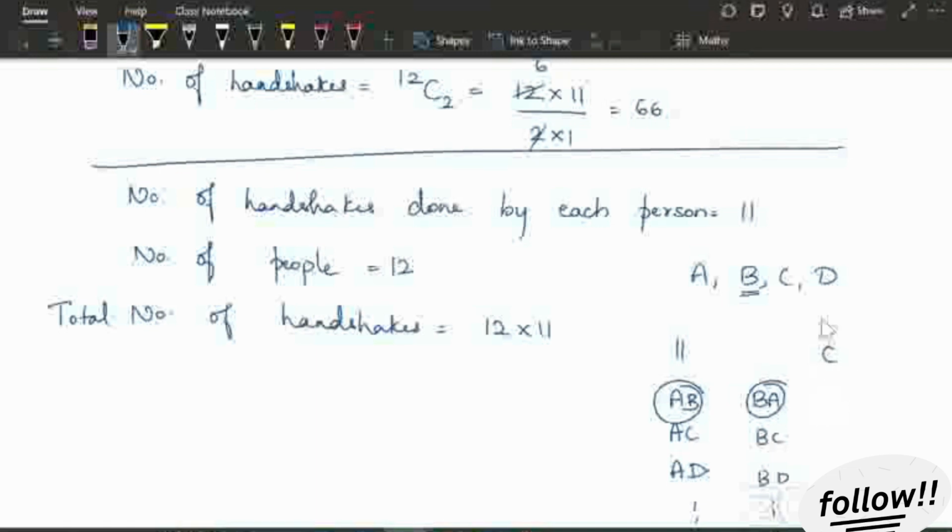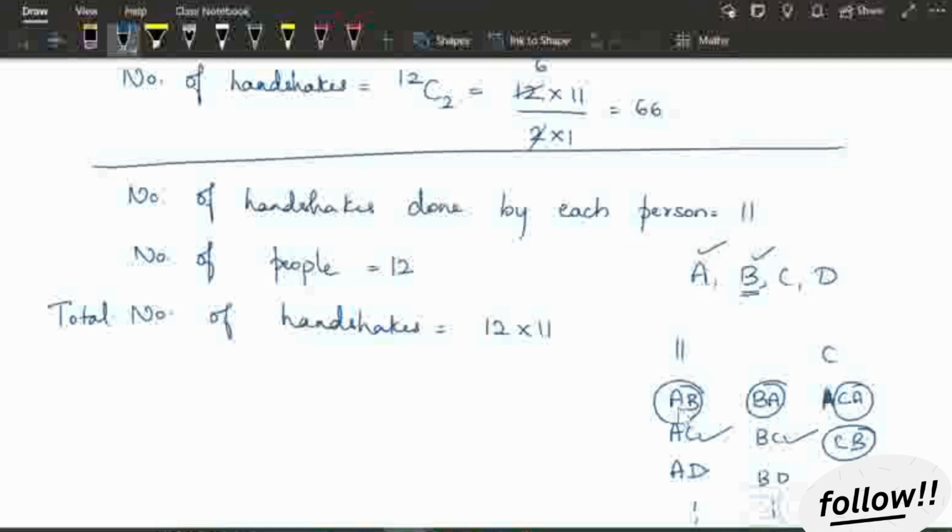Similarly, if I ask C, C says that there was a handshake between CA, CB, and CD. In this, CA is already repeated here, CB is already repeated here. So basically, each handshake we are counting twice. One from this person and once from this person, right?